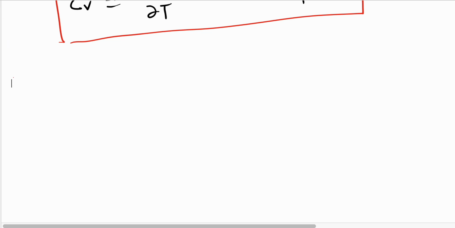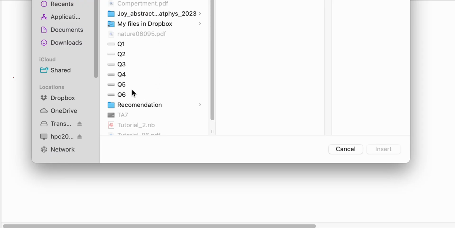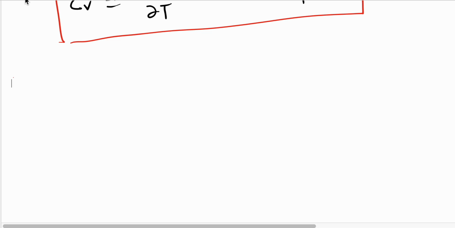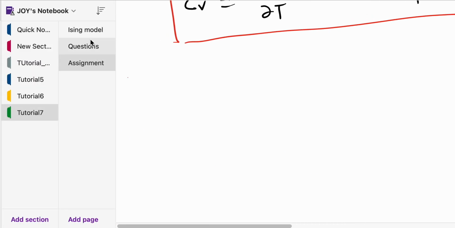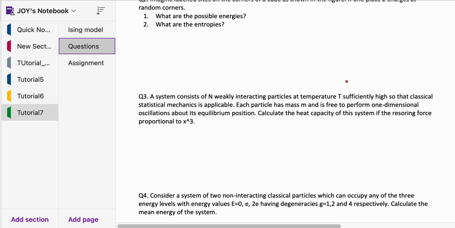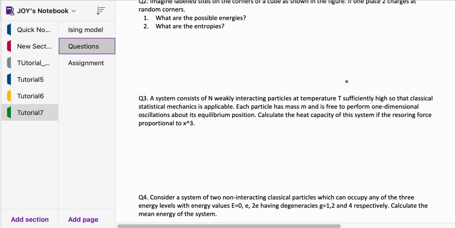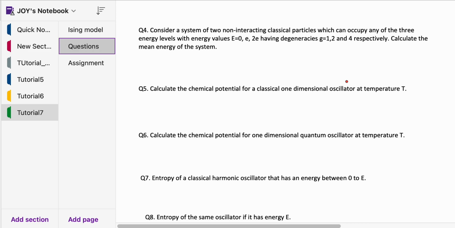So insert image. Okay, it is there in these questions. Another question I want to solve.